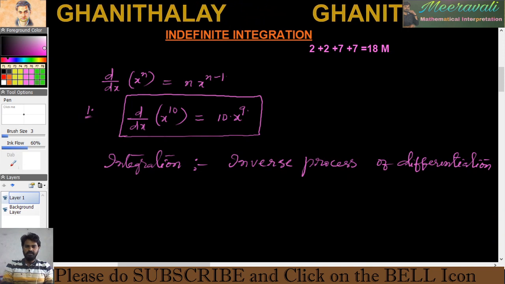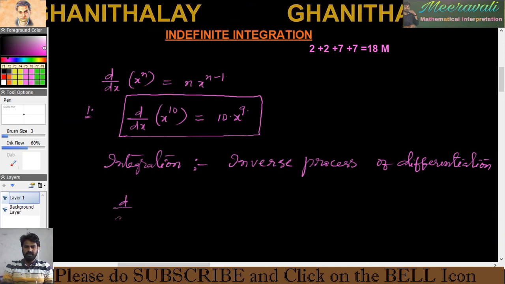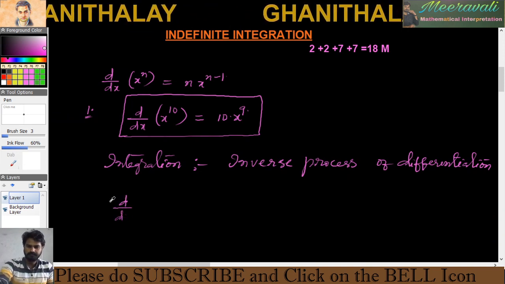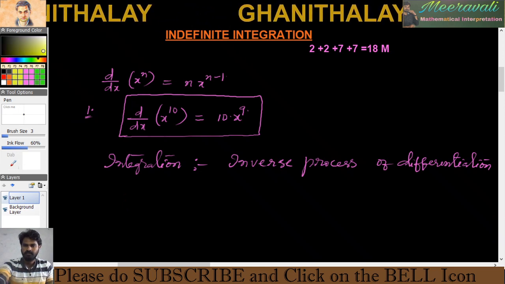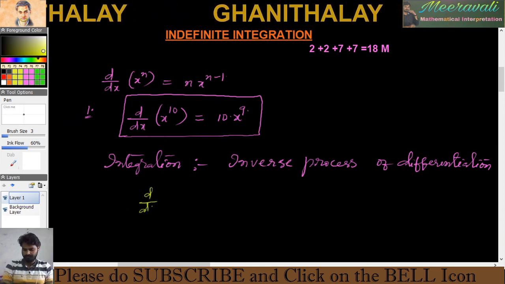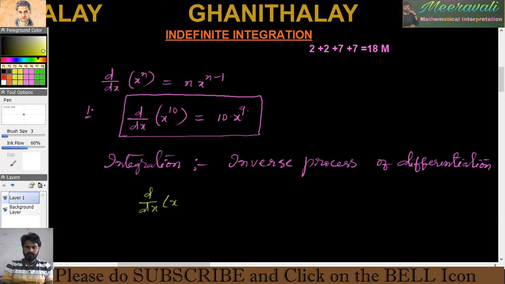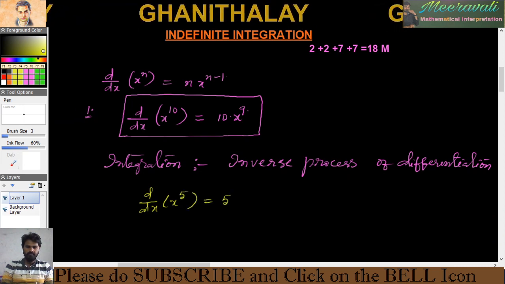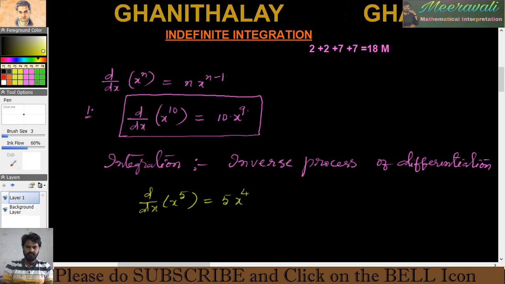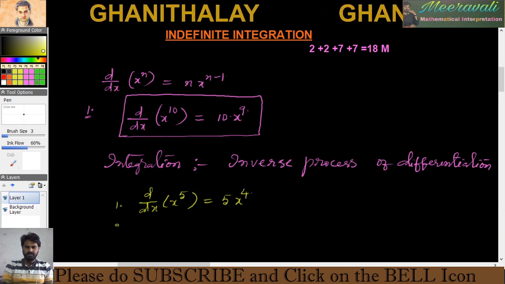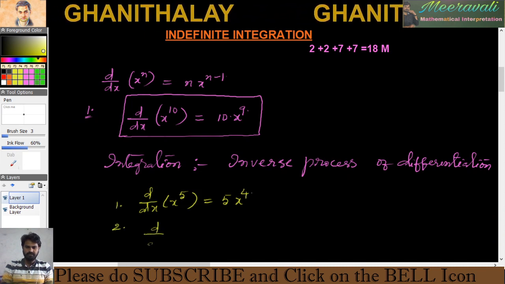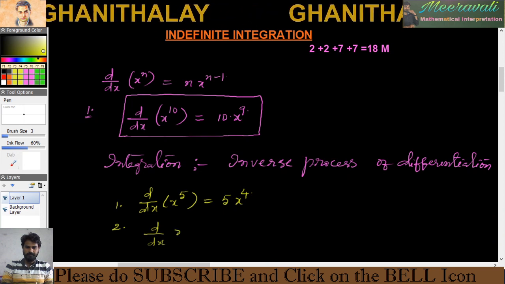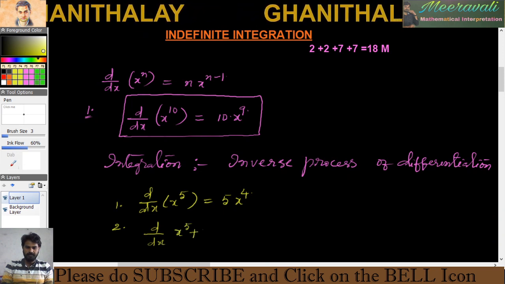Here, look at here, I have taken an example, derivative of x to the power of 5. How much do you have to write? 5 into x to the power of 4. In the same process, we have to write derivative of x to the power of 5 plus 10.